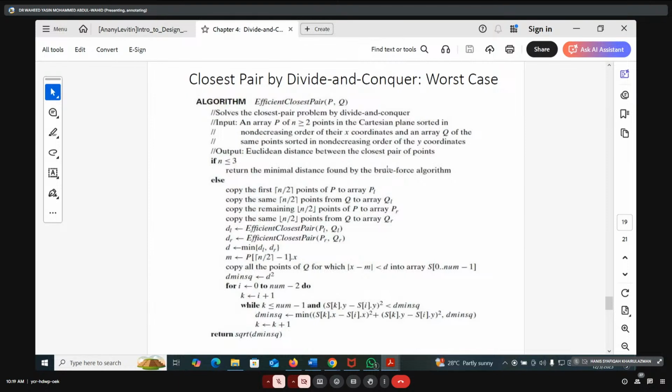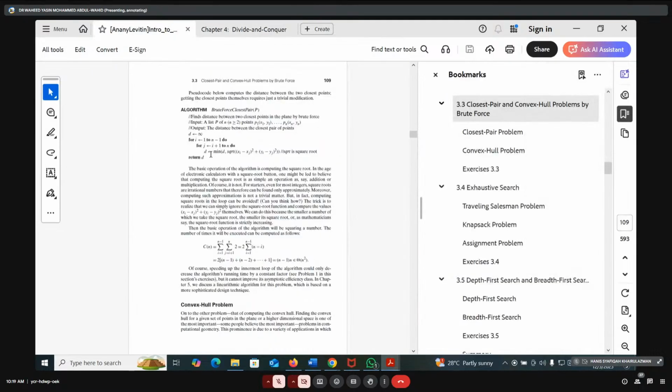What does it mean to use the brute force algorithm? It means check the distance using this algorithm: d equals infinity, i equals 1 to n minus 1, j equals i plus 1 to n, d equals the minimum of d and sqrt of (xi minus xj) power 2 plus (yi minus yj) power 2.